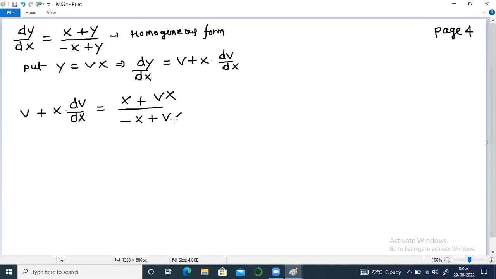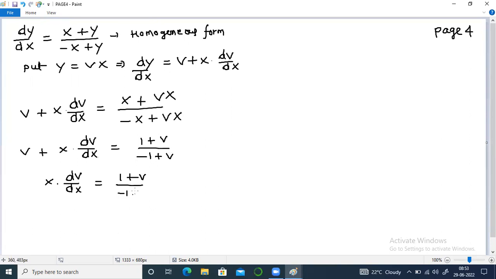Y means capital V into X. So v plus x into dv over dx is equal to X. If you take common, you will get 1 plus v by minus 1 plus v. Now v terms I am taking that side. X into dv over dx is equal to 1 plus v by minus 1 plus v minus v.